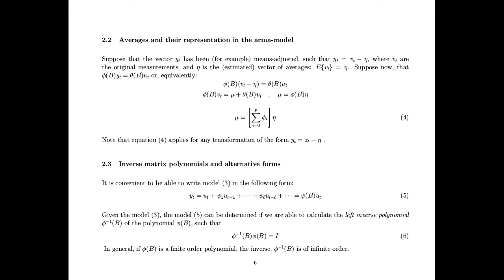But let's say that this is an AR2 process. So you have a second order polynomial. Phi of B is a second order polynomial. What is the order of phi inverse?